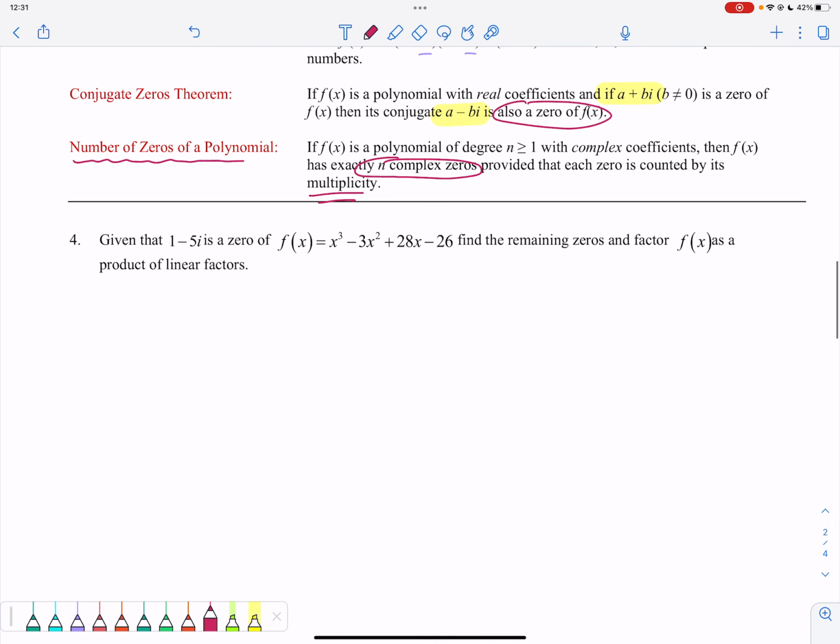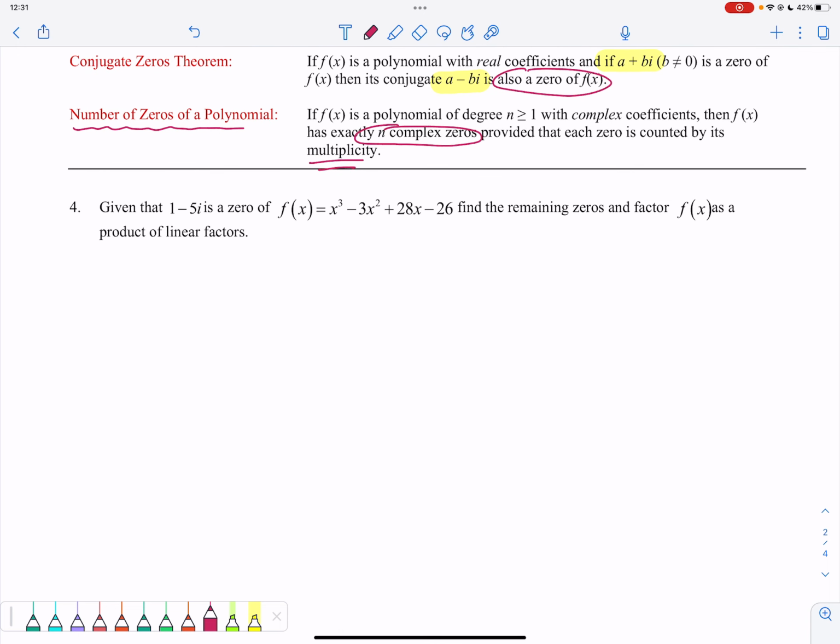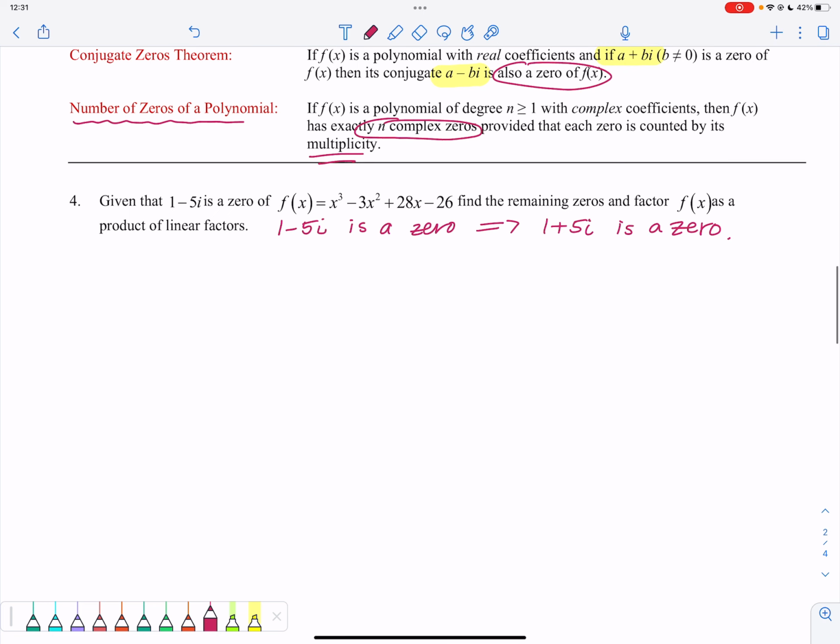We're given that 1 minus 5i is a 0. So if 1 minus 5i is a 0, we already know that 1 plus 5i is a 0. So we will use synthetic division with both of these known zeros.